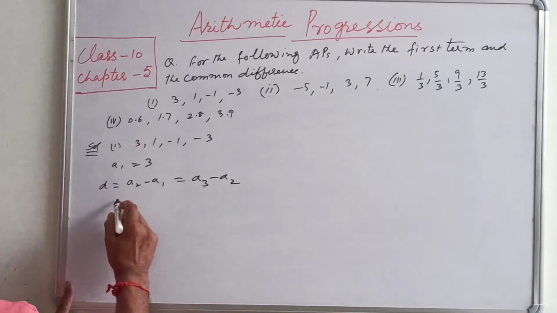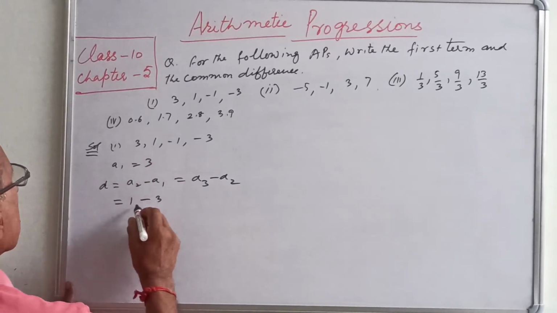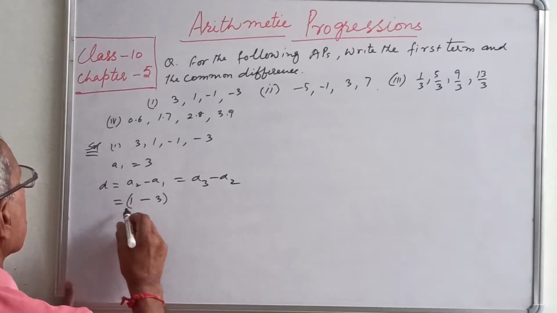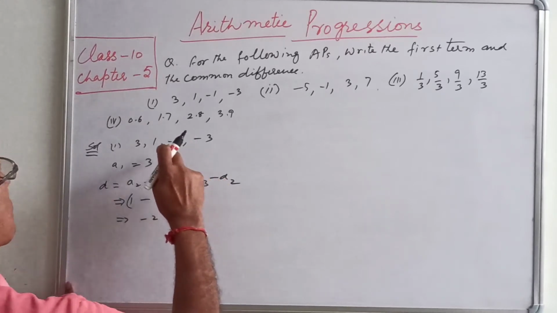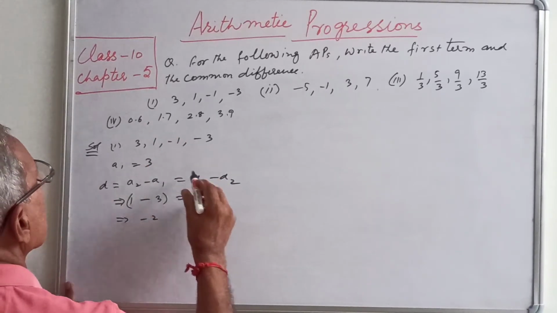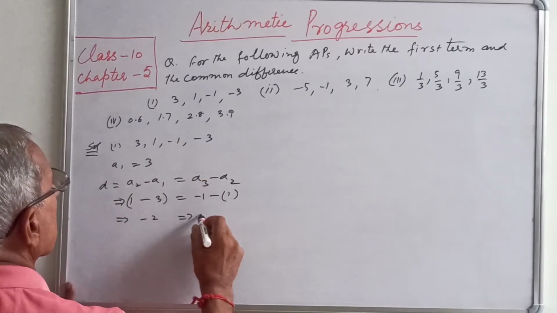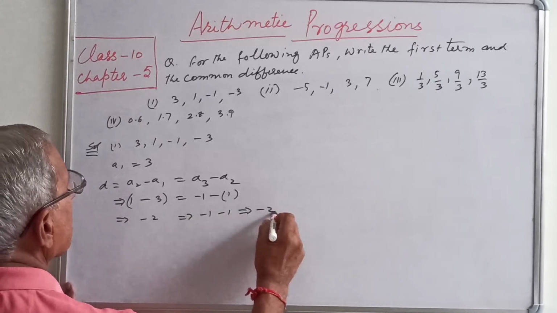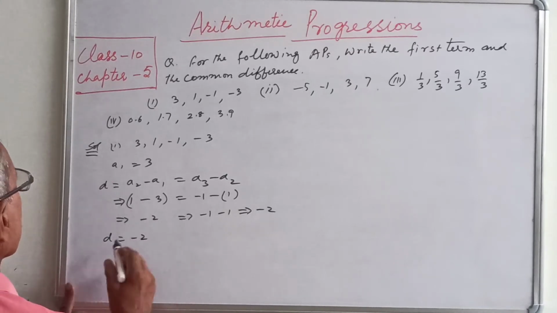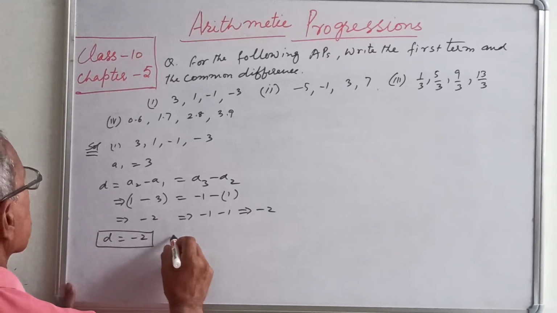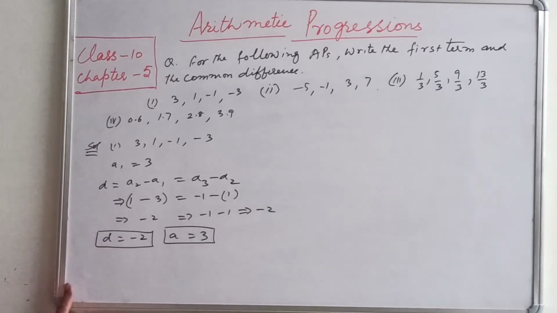Here A2 is 1 and A1 is 3, that will be minus 2. We can also check further: A3 is minus 1, and minus 1 minus 1, again minus 2. So common difference here is minus 2, and the first term is 3.